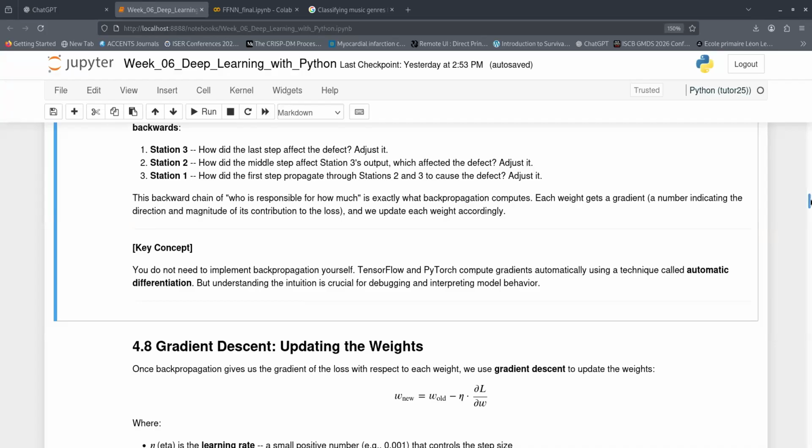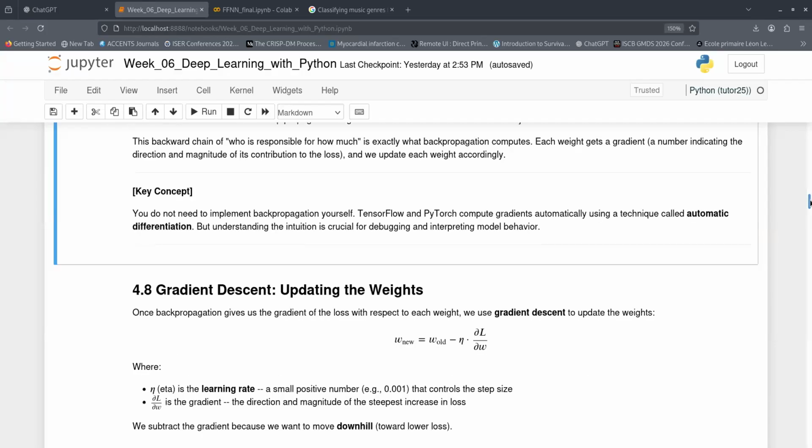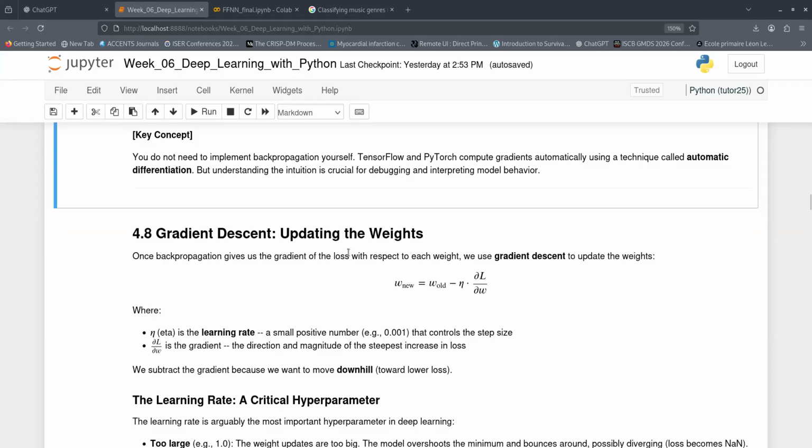That's what we call gradient descent, for adapting the weight. Once backpropagation gives us the gradient of the loss with respect to each weight, we use gradient descent to update the weight.